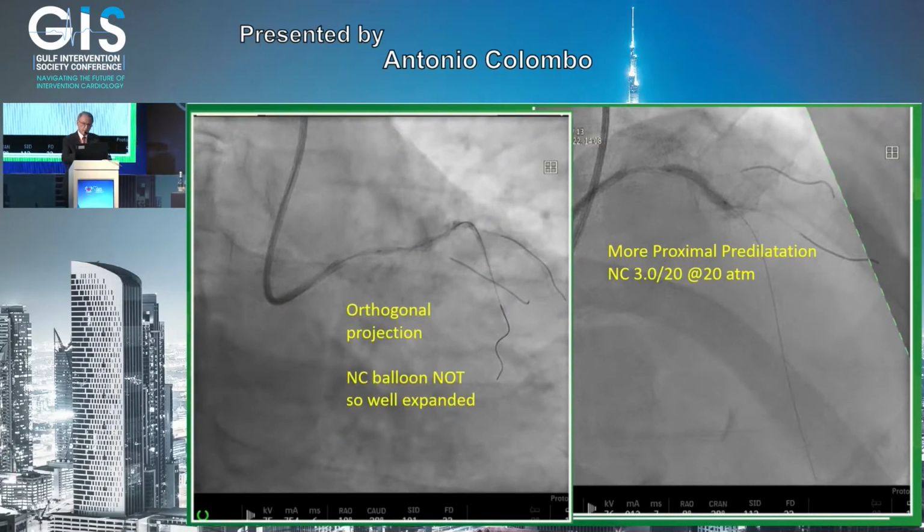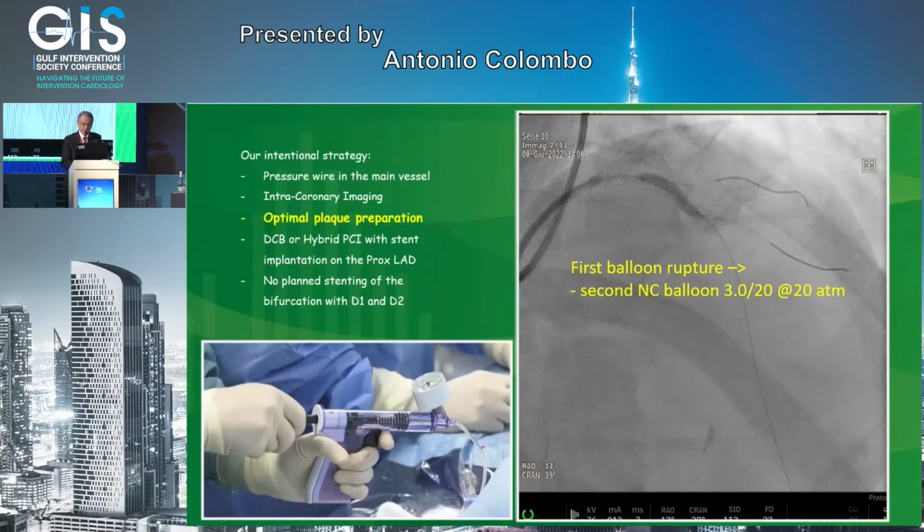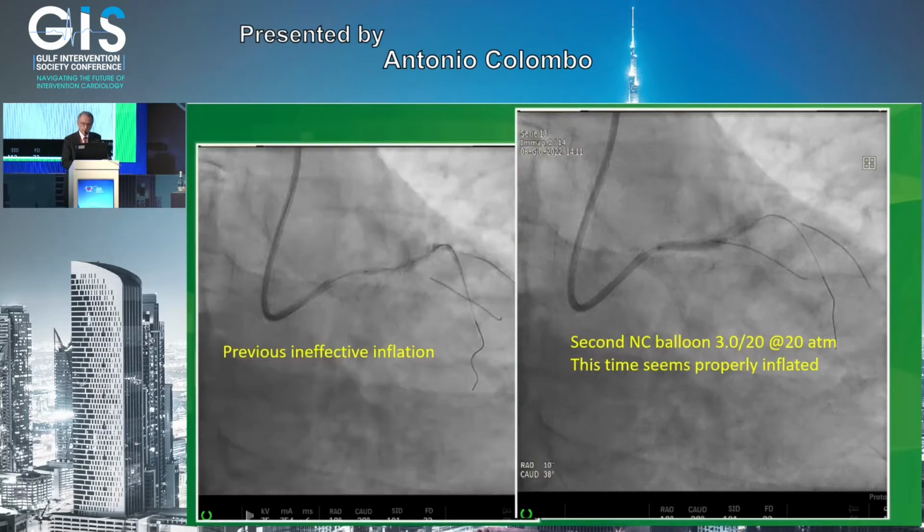We went into an orthogonal projection, which is always very important, and you see that the balloon is not well expanded. We went to a higher pressure, the balloon ruptured, but finally we were able to achieve a good balloon expansion without the need of lithotripsy or any additional device.